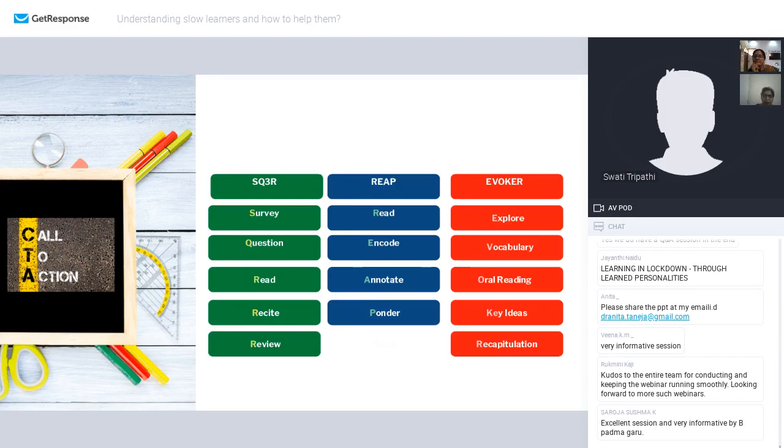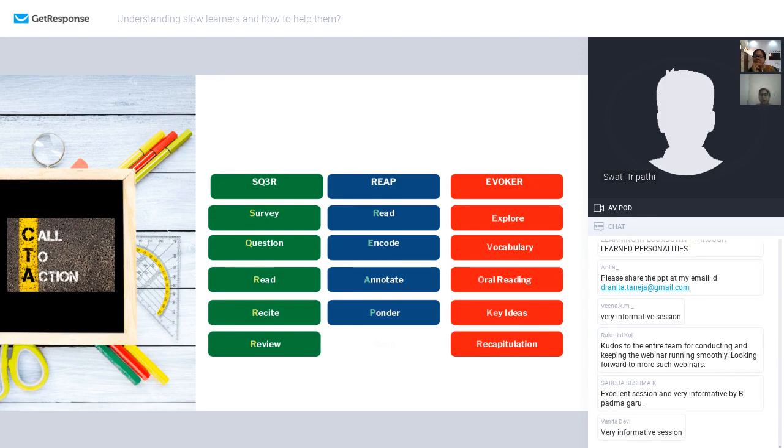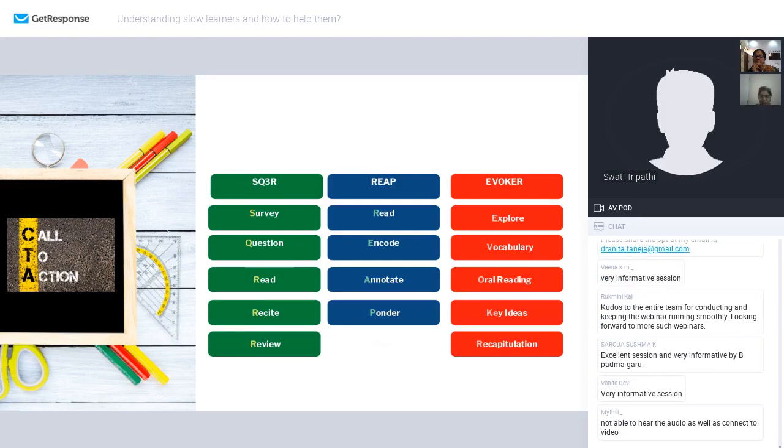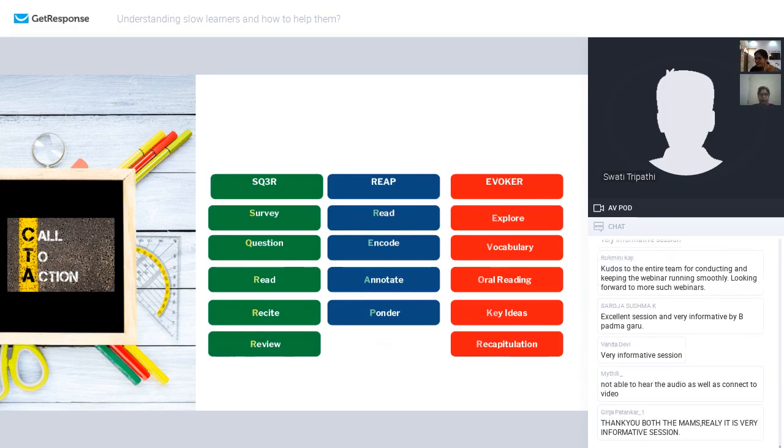For this, we explore the content aspects or the curriculum aspects. For example, while doing a lesson on giving information on a particular state, say Maharashtra, you explore and read about the state first.